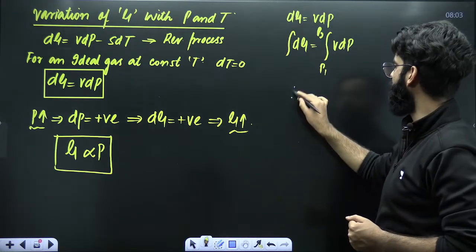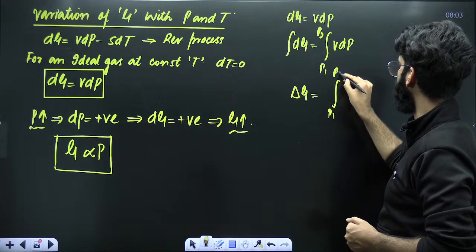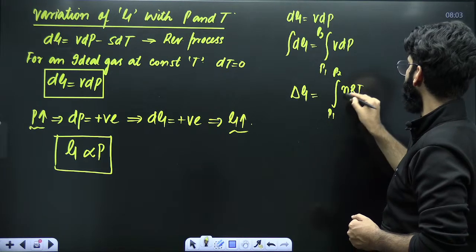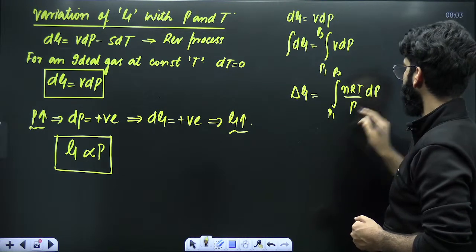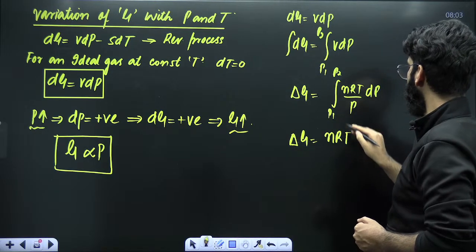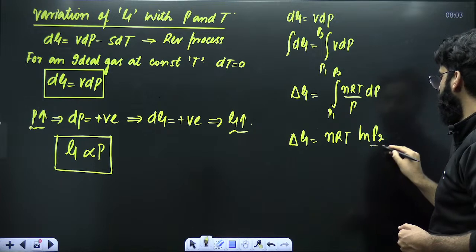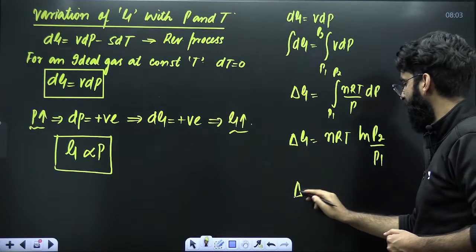So, guys, integral of dG is delta G is equal to integral from P1 to P2 of V dP, where V is equal to nRT divided by P. So delta G has to be equal to nRT comes out. Integral of dP/P is ln of P, upper limit, lower limit, so ln of P2 divided by P1, or you can write it like this.